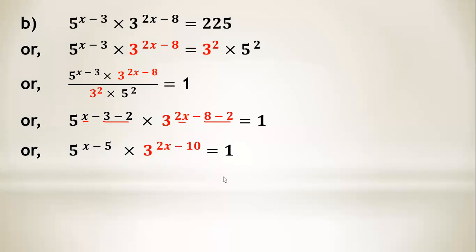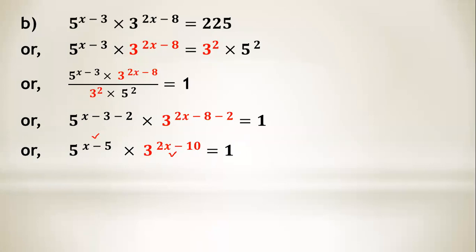Now let's think a while. In the previous question, if you remember, both powers were the same after simplifying them. But this time, if you see here, the powers do not look the same. But if you look inside precisely, there is x minus 5 and there is 2x minus 10.